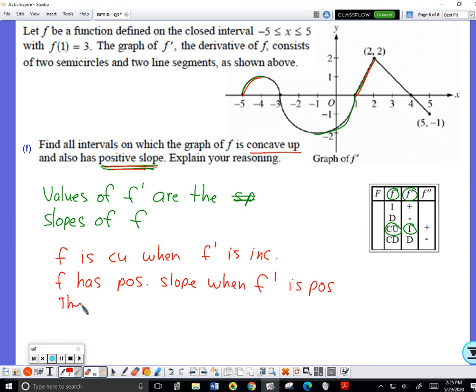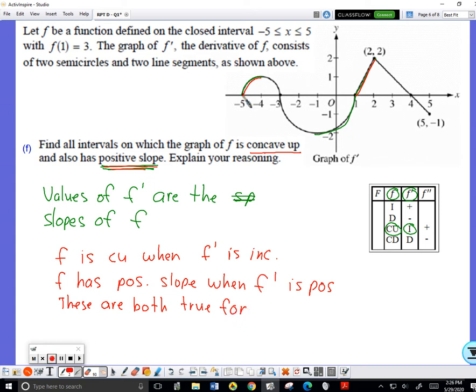These are both true for, and then we just list the intervals.